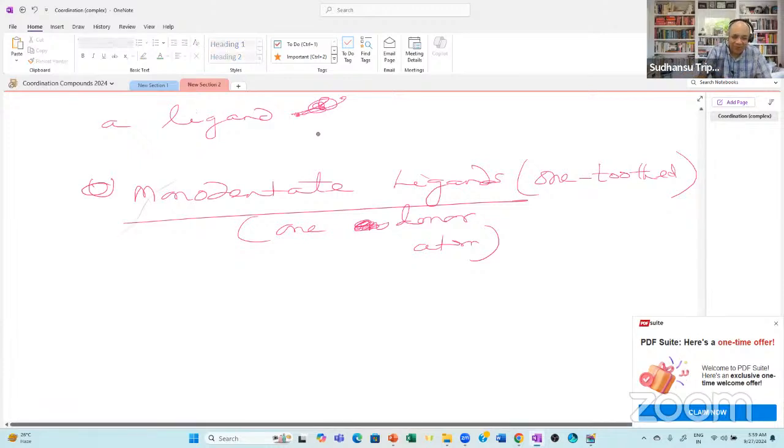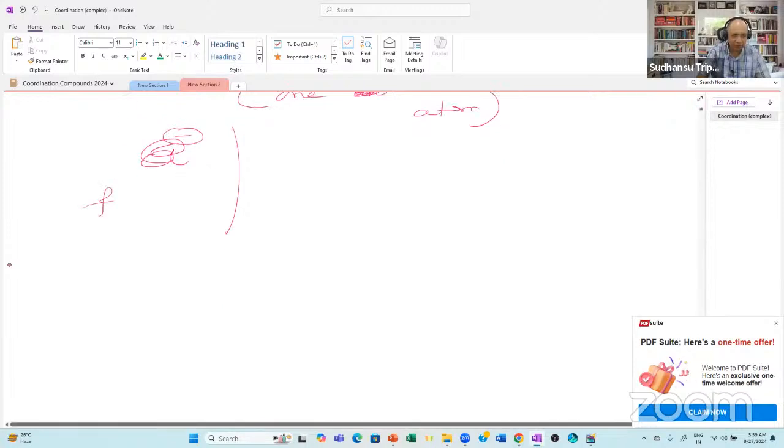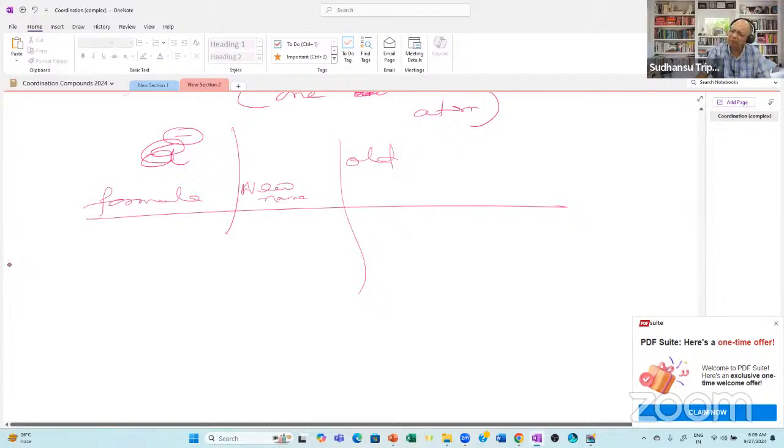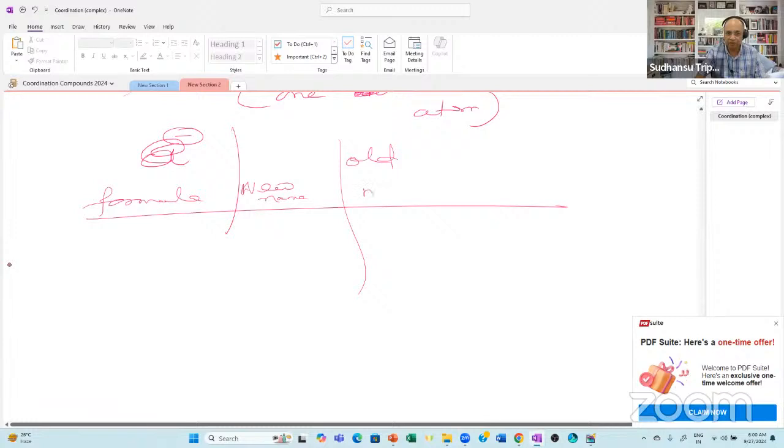So let us list one by one. The commonest is, let us make the formula, new name. Even I have found in many Western literature, in here, US also, many literature, they use old names. And short notation.